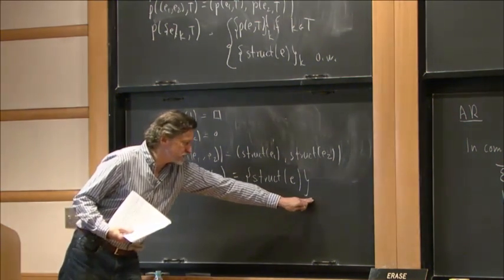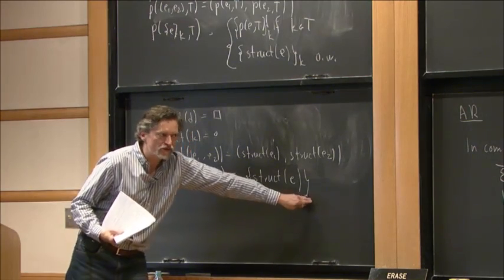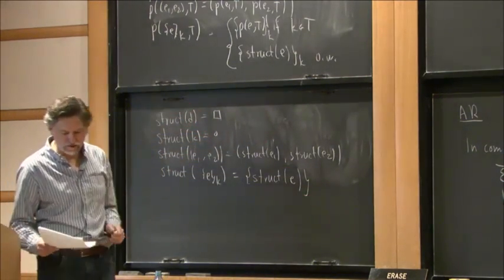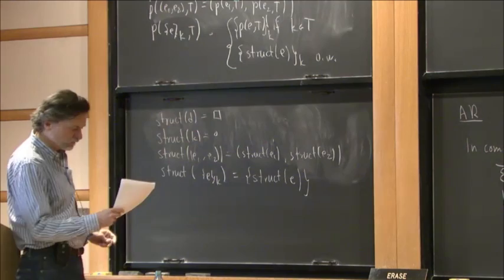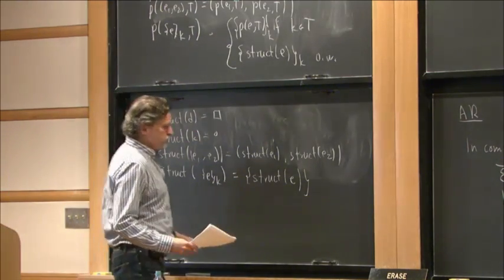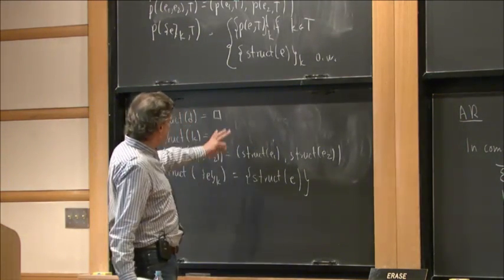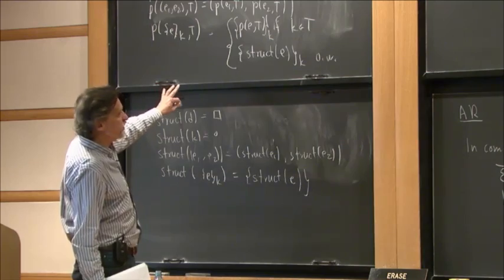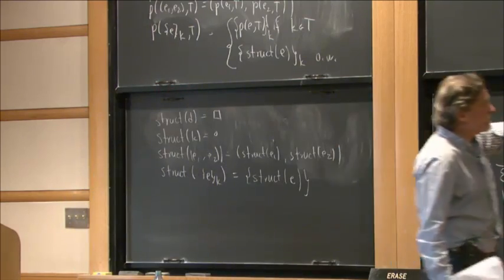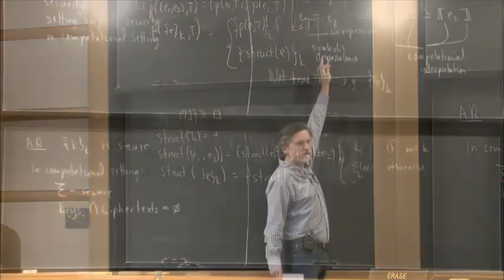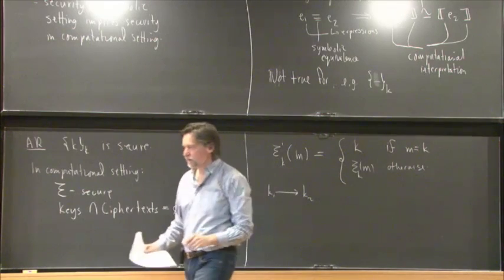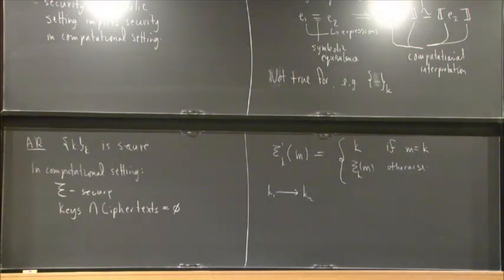And in this case, you might think there should be a circle here, but as I said, we're not writing the circle when it appears as an encryption key. Now, all of this that we're doing here is on the way to being able to define this notion of symbolic equivalence.